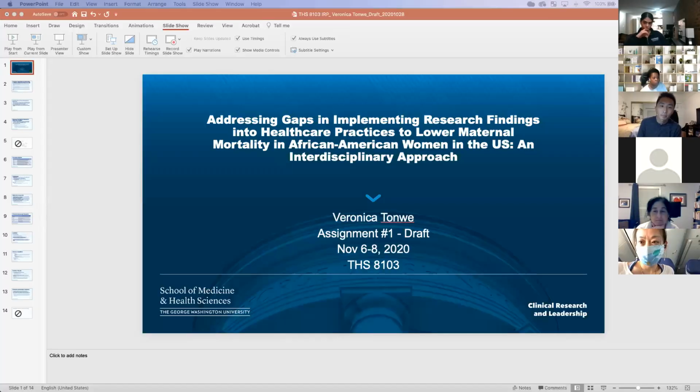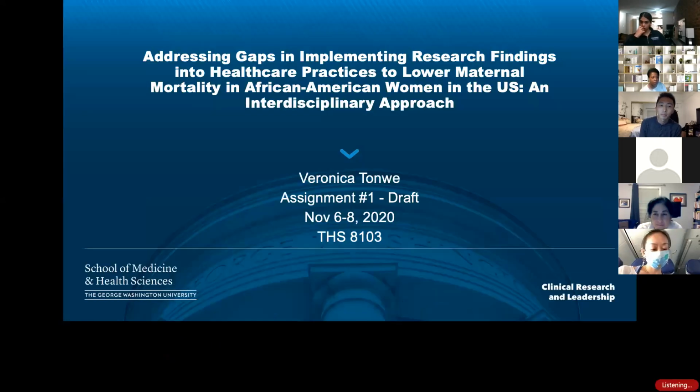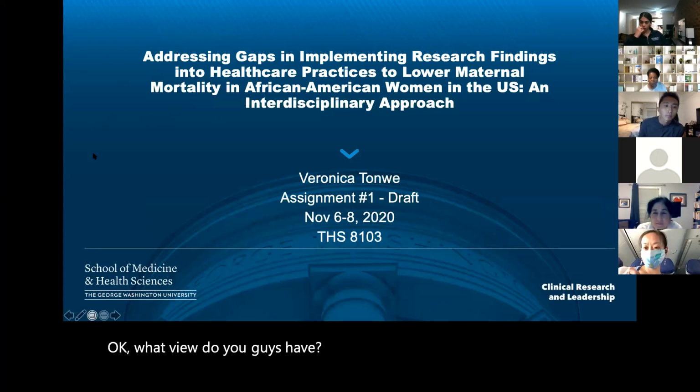Did you push the green button that says share screen? Oh, no. Yes. When you push share screen, oh, there we go. There it is. Do you see it? Okay. Yep, you see it. What view do you guys have? We have the presentation view. Thank you. All right. We're good.